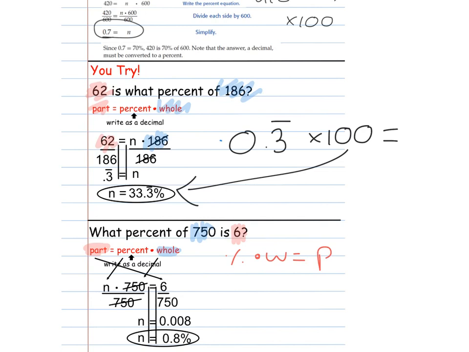Dividing both sides by 750 to isolate n, we get that n equals 0.008. To get that decimal as a percent, we multiply it by 100, so I'm going to move that decimal point two places to the right. And so we get that 6 is 0.8% of 750.